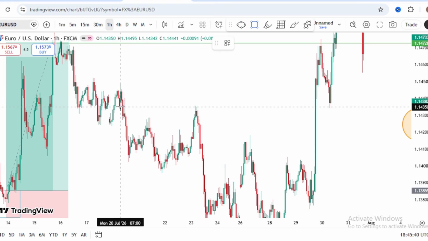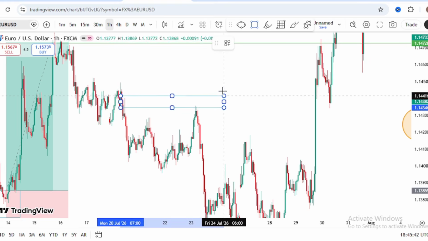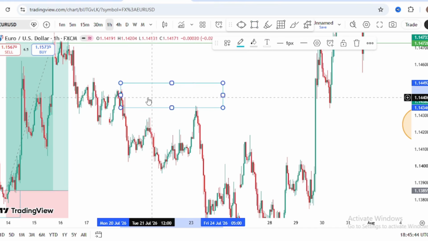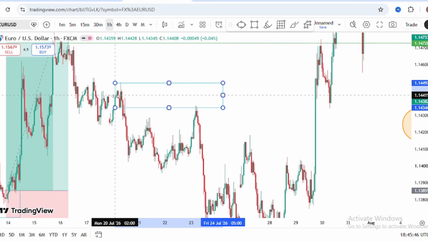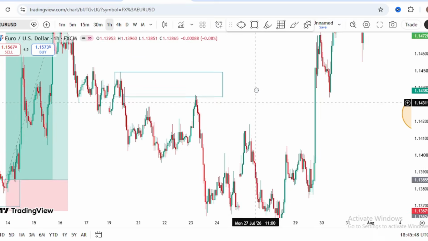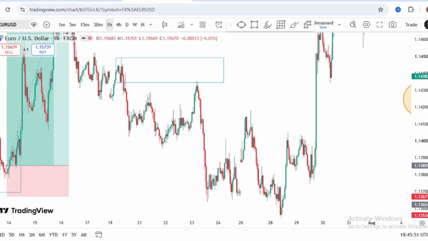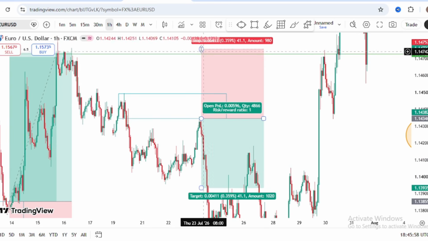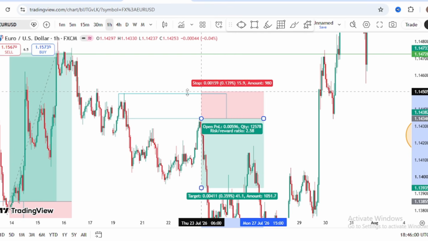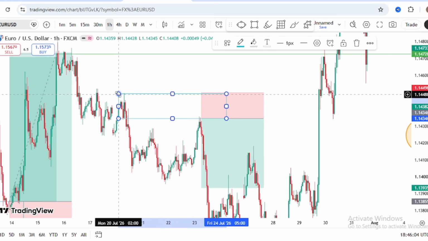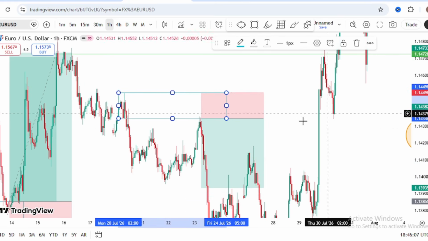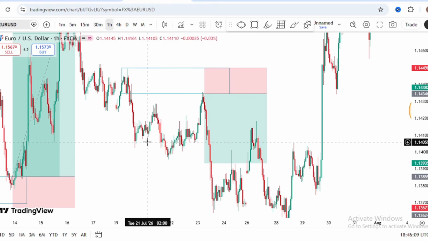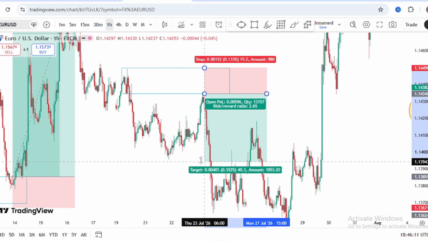Price came to mitigate it after taking out liquidity, or we can use our short tool here, pull this and adjust the stop loss to the high of the up close candle, slightly above it, and target the next swing low, which is this one here.